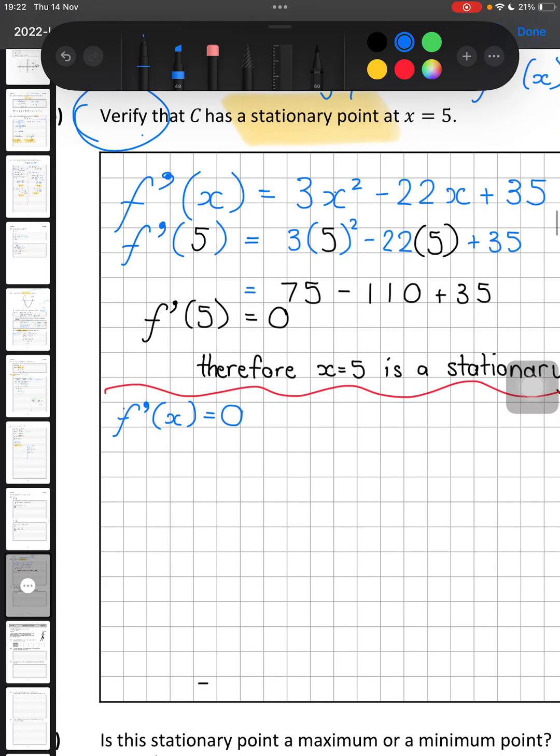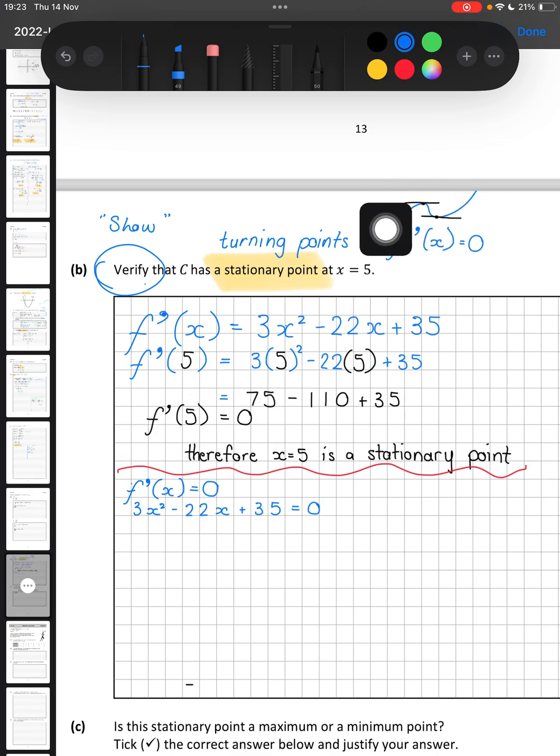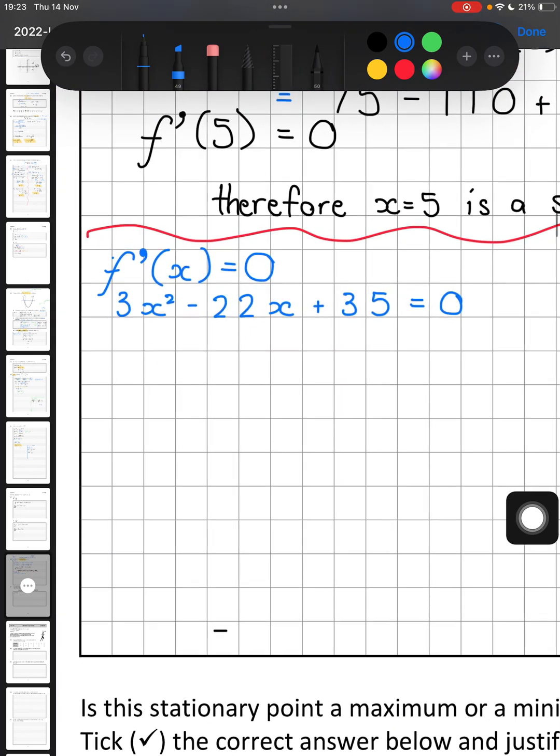So that means I have 3x squared minus 22x plus 35, and I have to let that equal to 0 and say, what are my values of x? Because it's a cubic, I am going to have 2 turning points, like I have up here, which means I am going to get 2 answers for x here. 5 is just going to be one of my answers for x. So go and solve here for x. We can use our minus b formula, or we can factorize and solve.